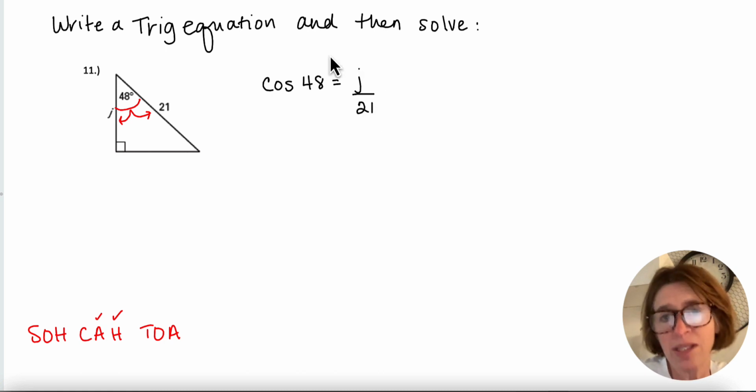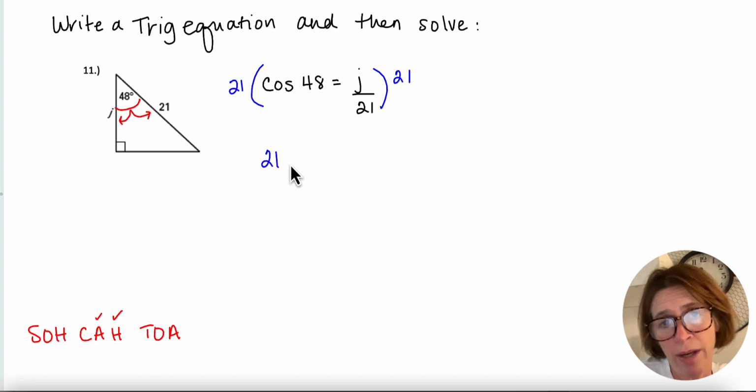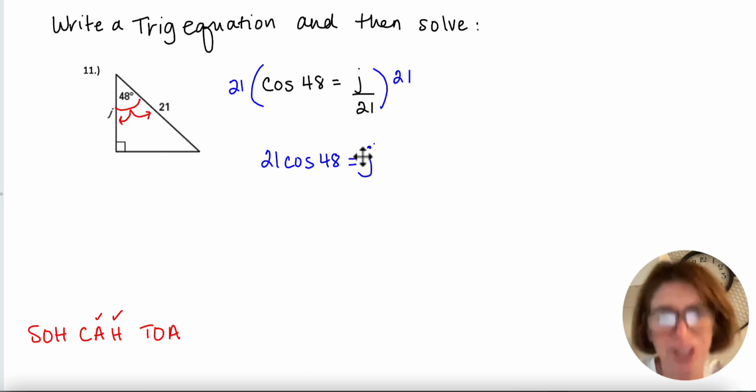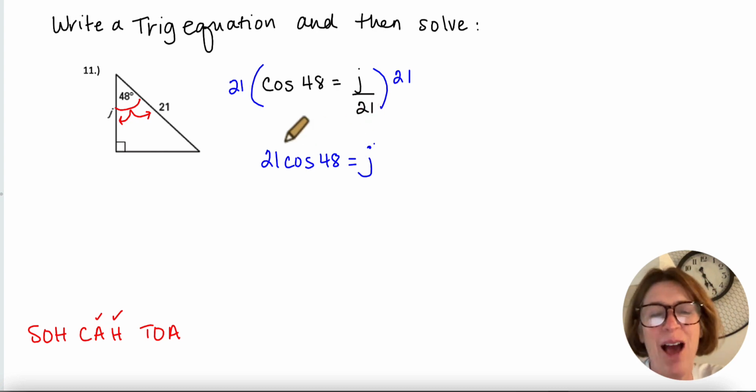Now you have to remember this is a proportion, so you can clear fractions by multiplying both sides by 21. And so you would have 21 cosine 48 equals j. You'd put that into your calculator and get an estimated decimal. I forgot my calculator, so I'm going to ask you to do that for me.